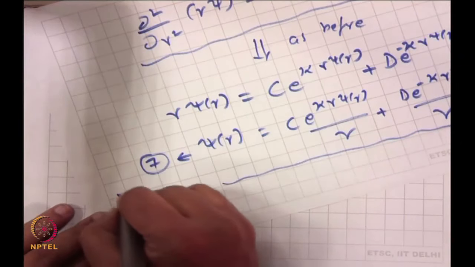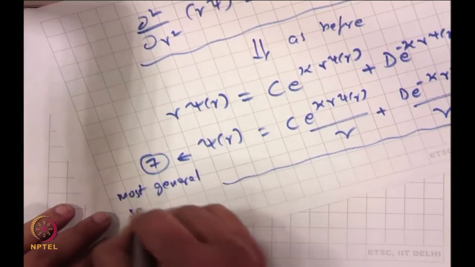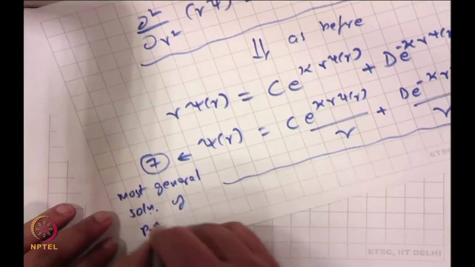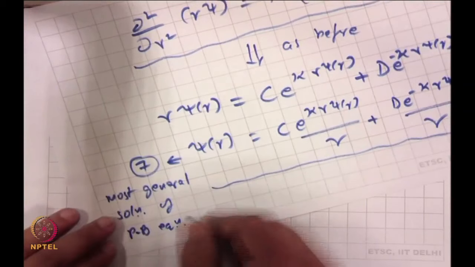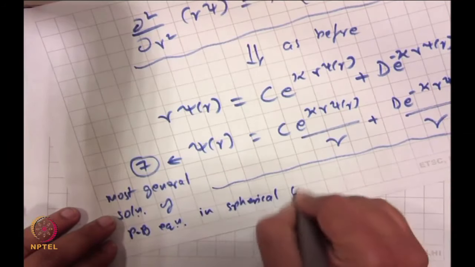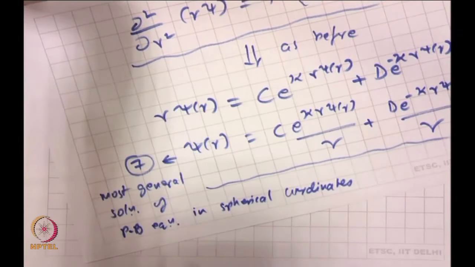My most general solution of the Poisson-Boltzmann equation or the Debye-Hückel equation in spherical coordinates. Is everybody okay with this? Please check and let me know.